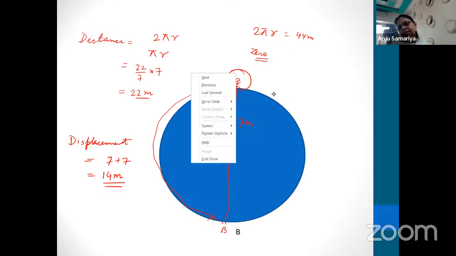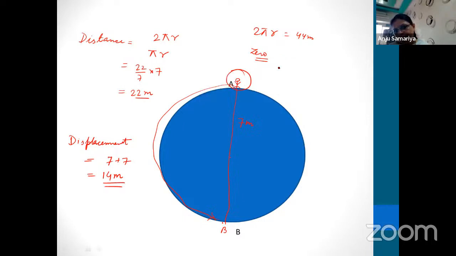So the displacement can be zero, and the displacement can be negative. Now, how can the displacement be negative? Let us see, this is a place A. From here, a boy starts moving forward and goes to a place B. Let's say it is 5 kilometers north.